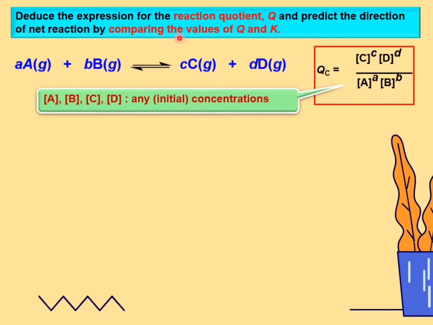Okay. So, macam mana kita nak tentukan dia punya arah, direction, dia shift to the right or shift to the left. So, remember, you need to compare the value of Q and K. So, this is the summary.